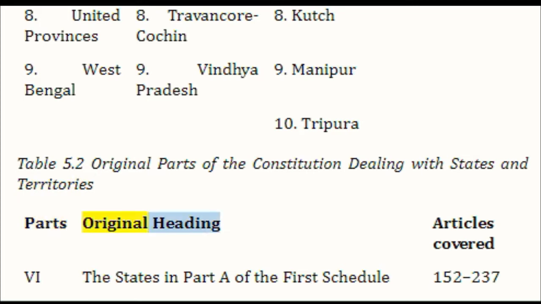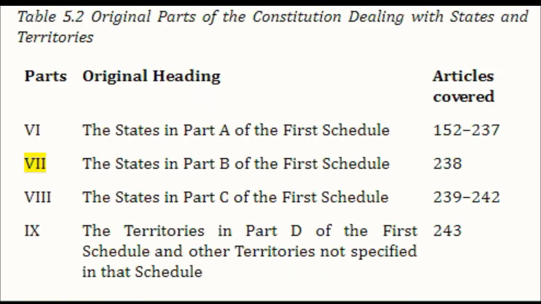Part 6, the states in Part A of the first schedule, articles 152 to 237. Part 7, the states in Part B of the first schedule, article 238. Part 8, the states in Part C of the first schedule, articles 239 to 242. Part 9, the territories in Part D of the first schedule, and other territories not specified in that schedule, article 243.